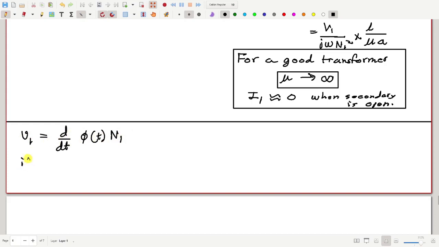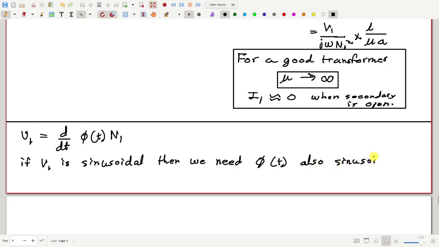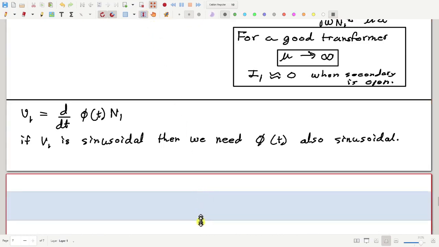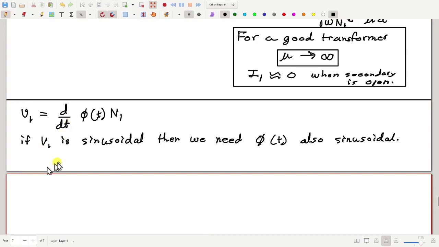So if V1 is sinusoidal, then we need phi also sinusoidal. Now, suppose phi is varying like phi naught cosine omega t.